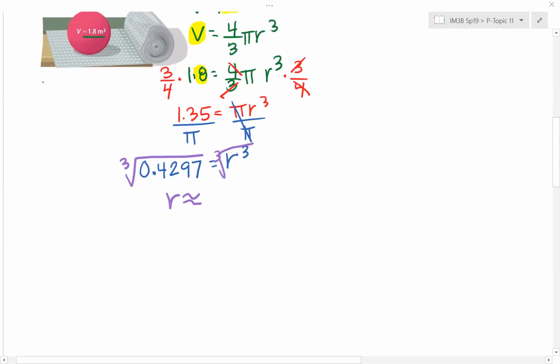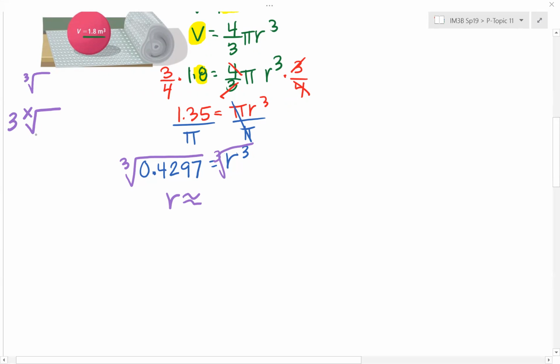So for the most part on the calculator, if you have something that has a cube root, you might have to hit a second function to get it. Depending on what it looks like, you might have one that looks like this, and in that case, you would have to type the 3 first to indicate that you're doing the cube root.